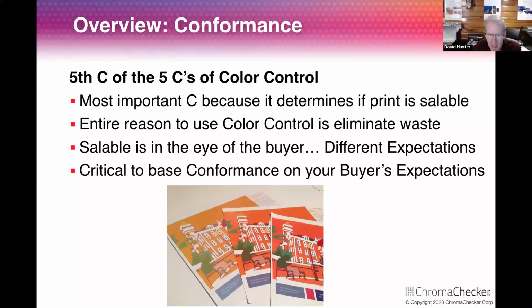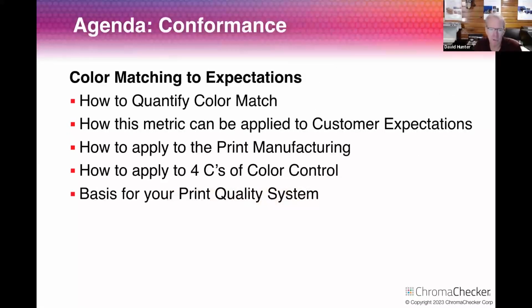And it's critical to base your company's expectations in terms of the manufacturing of the color that you're manufacturing to ensure that it meets your customers' expectations. So our agenda for today is, how do we quantify color match? How do we go about doing that?